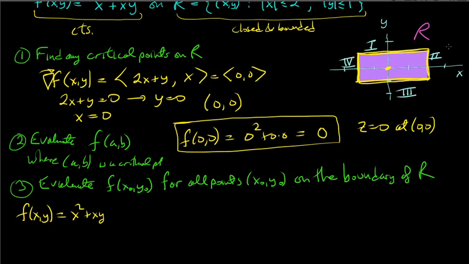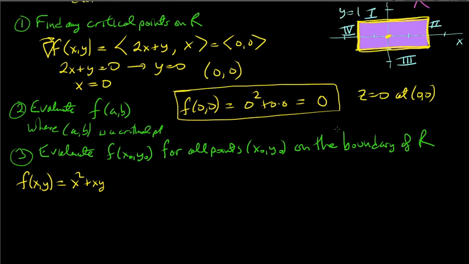Okay. So the top part of the rectangle is just a horizontal line, right? And it's just y equals 1. So for that part of the rectangle, region 1, y is 1. So what's f of x going to be? Well, if you replace y with 1, you get x squared plus x, right?